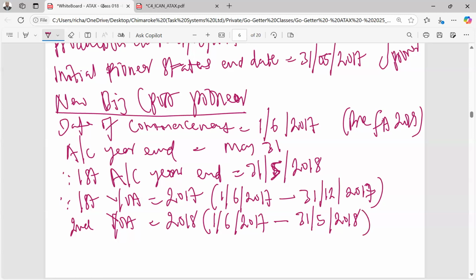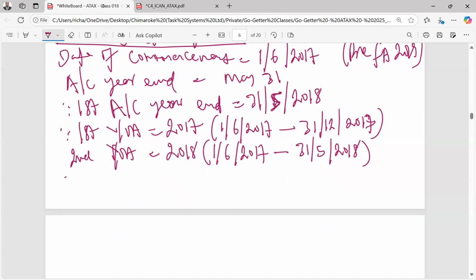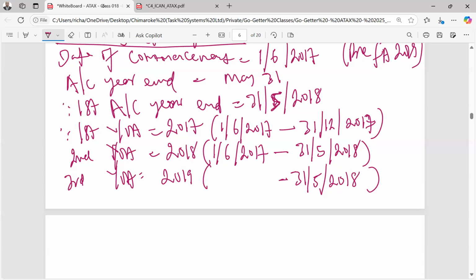Okay, then the third one here, year of assessment, is going to be 2019. And you know it's going to be on preceding year basis, ending on the account year end. The account year end is 31st May. And since this is 2019, it means it has to be 2018.